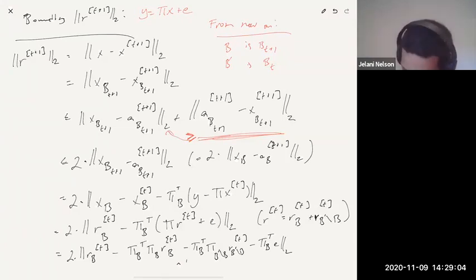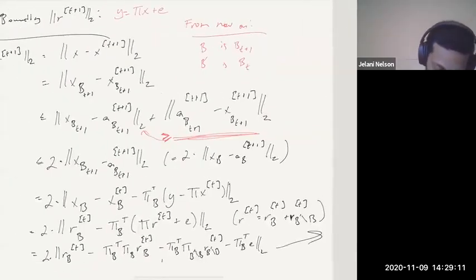So let me move this over to the next slide because this is getting to have a lot of symbols. So we had that, and so what do we start off with? r_{t+1}.